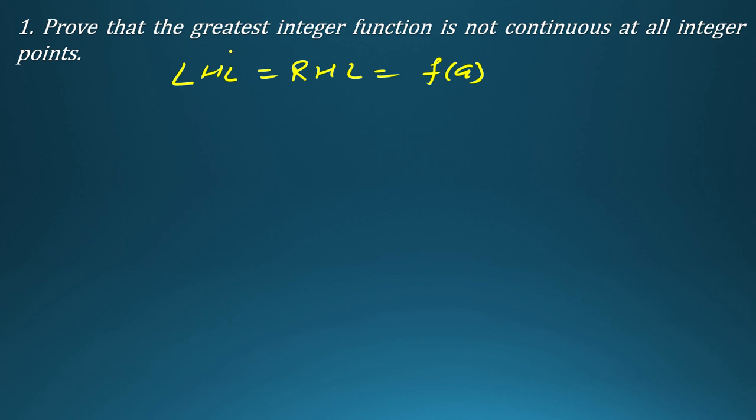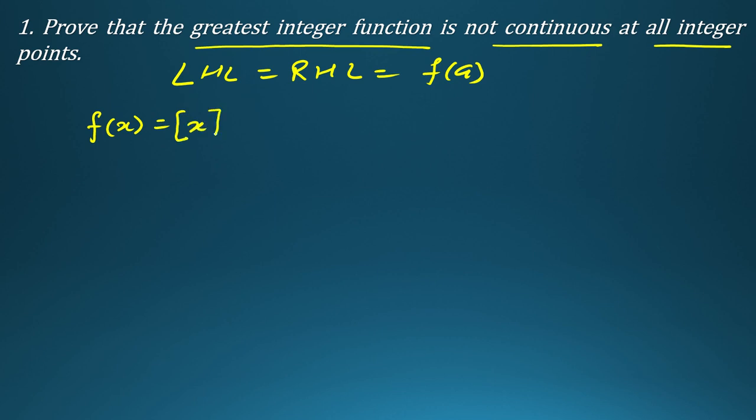Now this is the question: prove that the greatest integer function is not continuous at all integer points. I am sure you remember that the greatest integer function is written like this, square bracket x, and its value will always be an integer less than or equal to x.